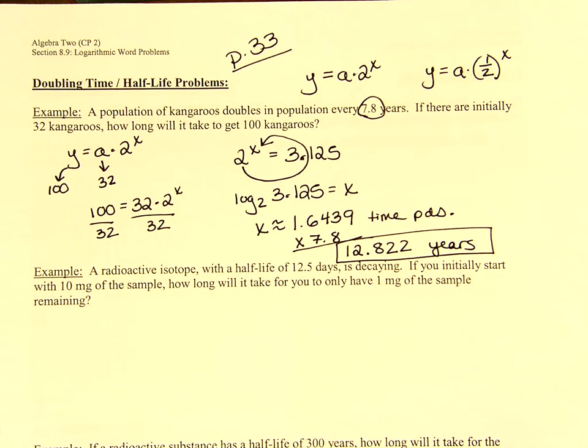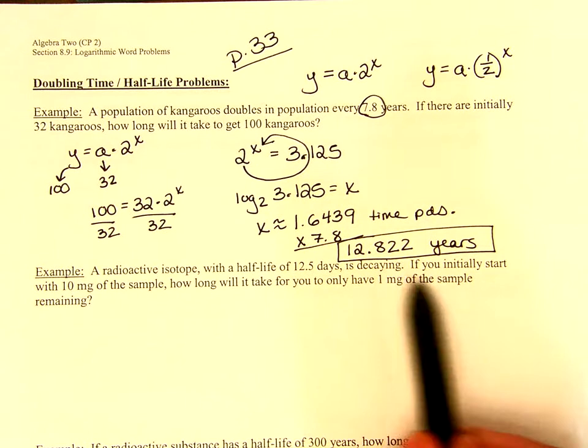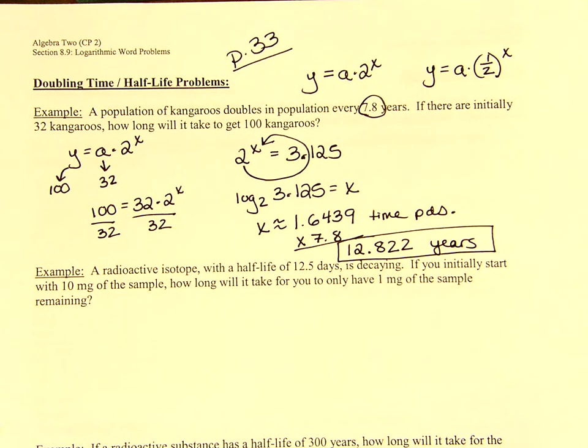With all of these problems, the power we get tells us not the time, but the number of time periods. Once you have your number of time periods, you multiply that by how long a time period is to get an answer that will give you a time.